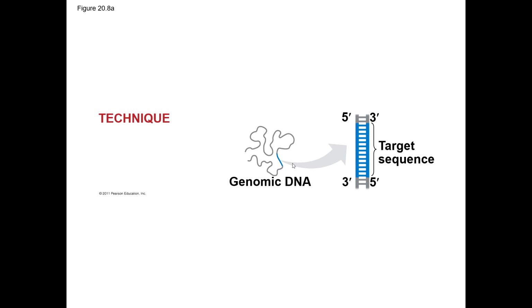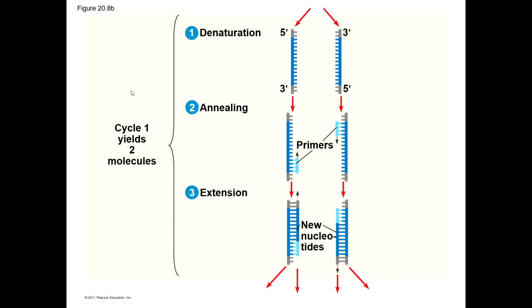So we start with that target sequence of DNA, and as I said, it's a 3-step process. We start by denaturing, which causes it to split. Annealing is our second step, which involves using those little primers to begin with, which guide the Taq polymerase.